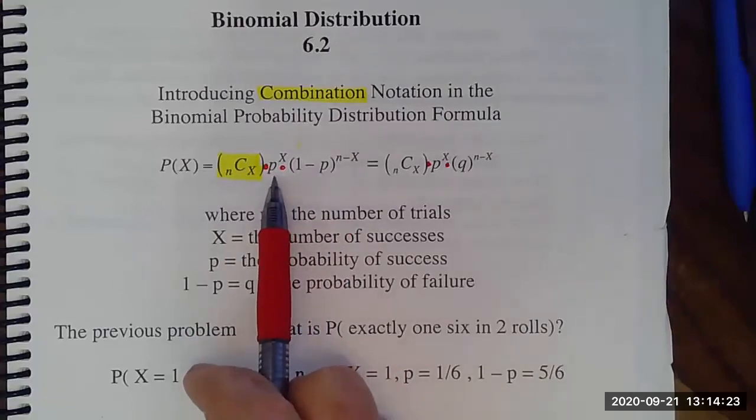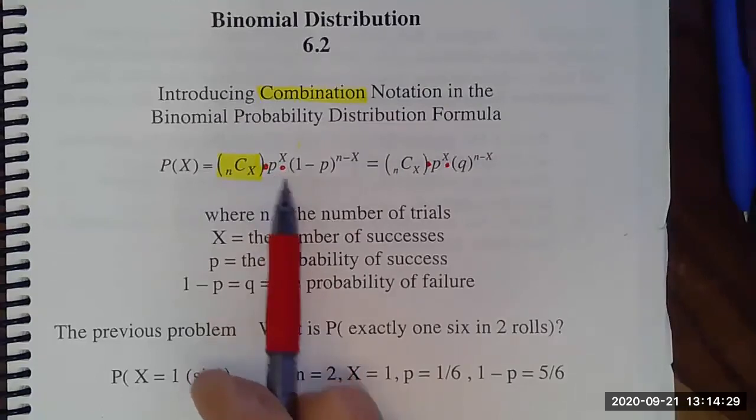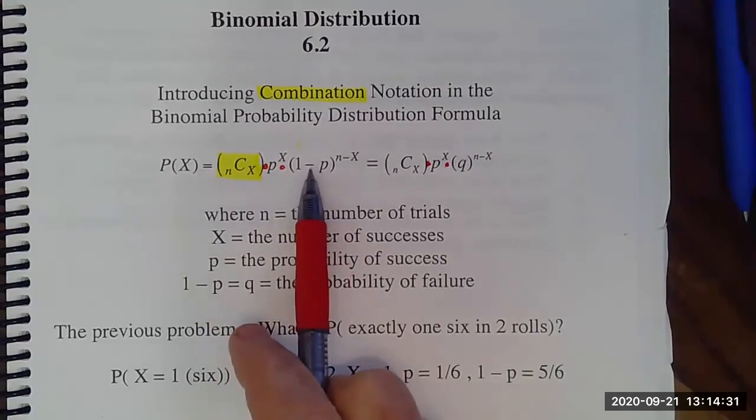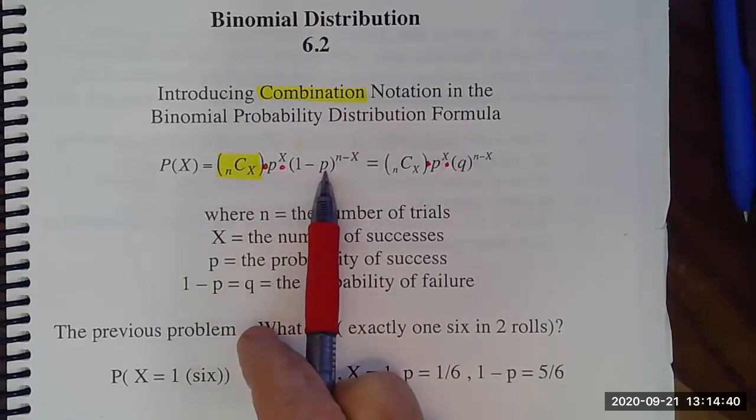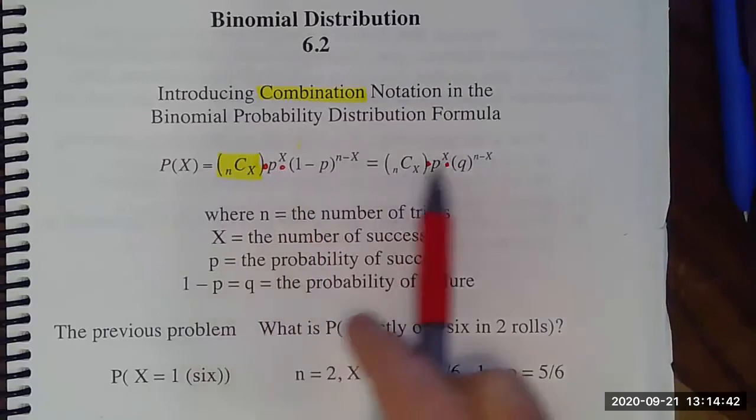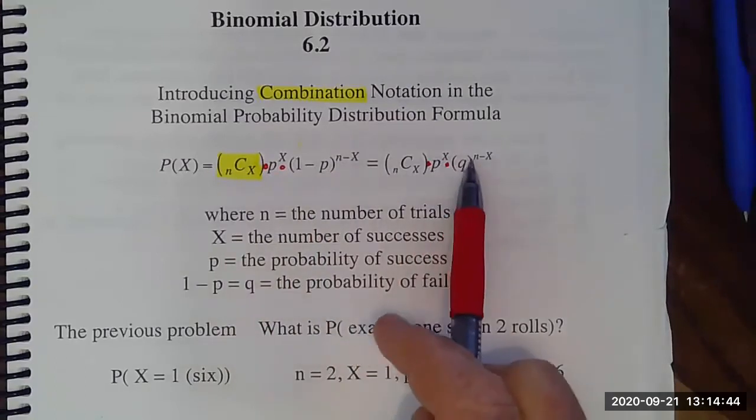The P is the probability of success, which they either give to you or you can figure out. And the difference right here is what they call Q, which is the complement. So if I gave you 1/4 for success, you'd say, well, that's 3/4 altogether: 1/4 for success, 3/4 for failure.